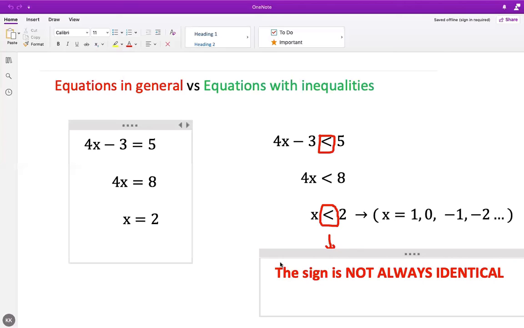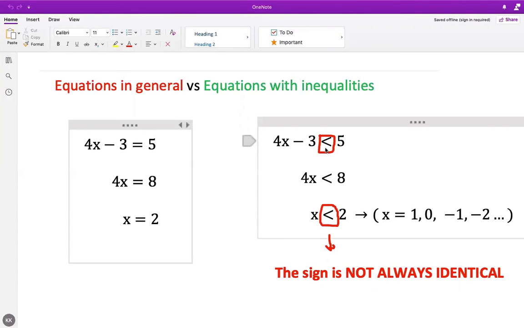But please pay attention that the sign is not always identical to the previous question. So x less than 2 is the answer. The possible values are 1, 0, -1, -2. These are all the possible values for x less than 2. If I plug these numbers into x, we will find that these expressions are less than 5. That's why x less than 2 is the answer for x.